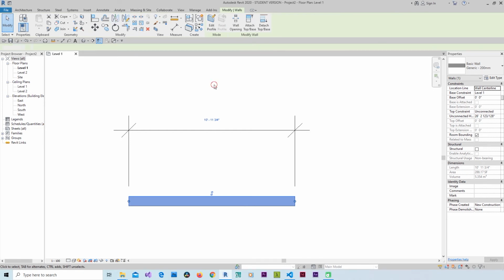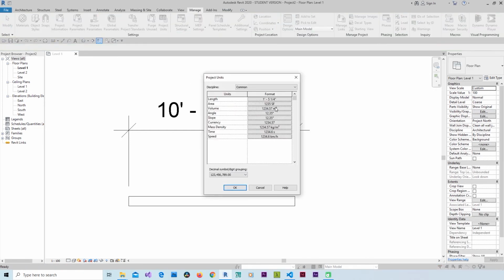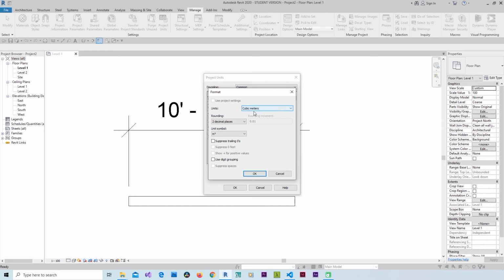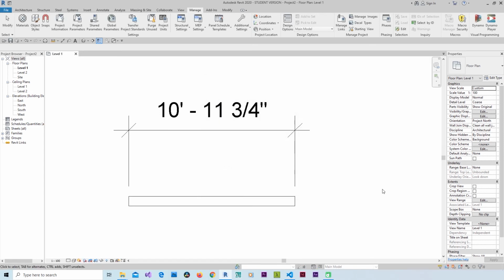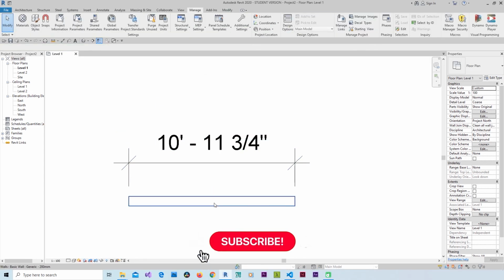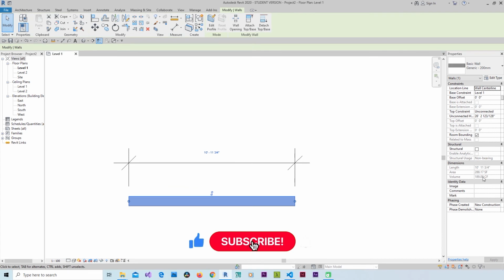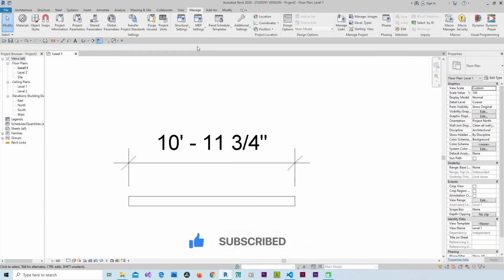We can go to Manage, Project Units, change it to cubic feet, like this. If we select this wall, we will have its volume by cubic feet.